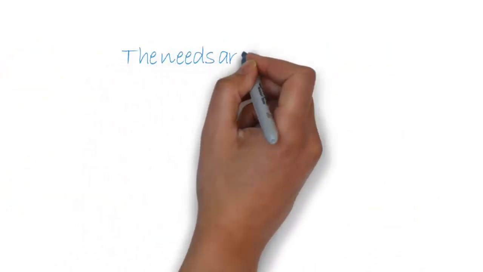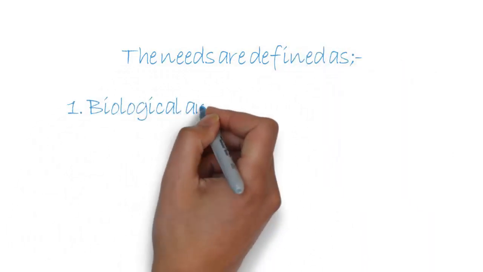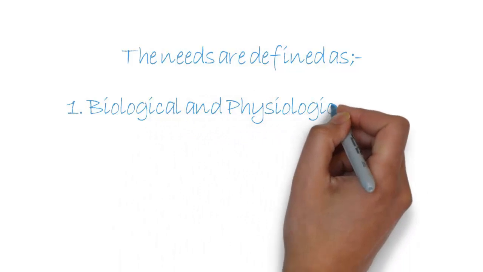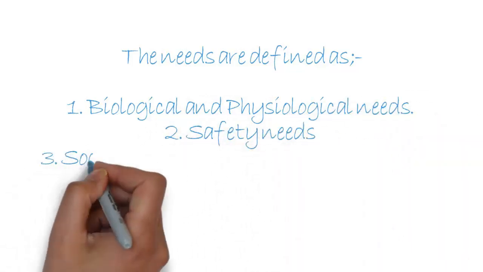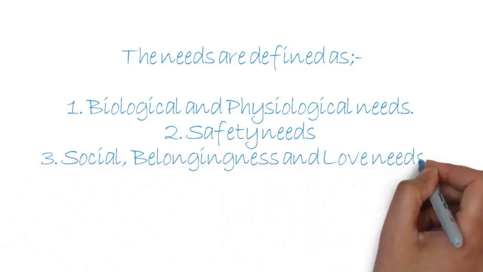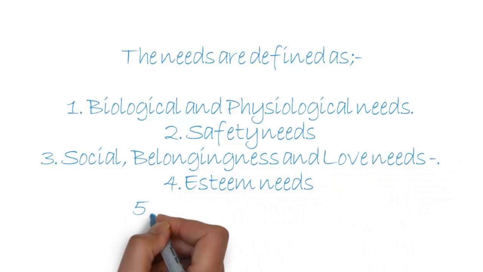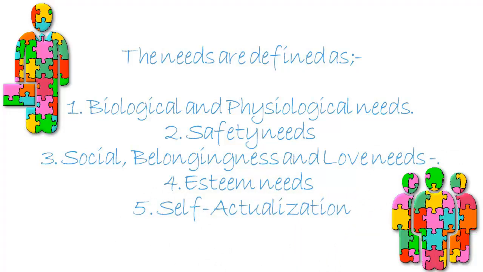The needs are defined as: 1. Biological and physiological needs: air, food, drink, shelter, warmth, sex, sleep, etc. 2. Safety needs: protection from elements, security, order, law, limits, stability, etc. 3. Social, belongingness and love needs: work group, family, affection, relationships, etc. 4.